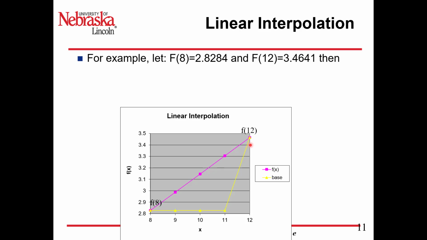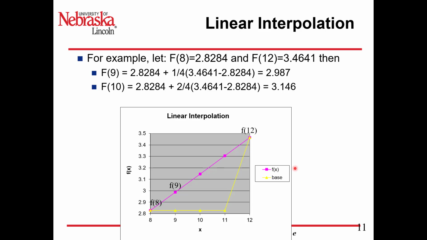Then f of 9 would be the lower value, the base, plus 1/4 of the top, f of 12 minus the base. We get your delta, and that'll be 2.987 for f of 9.